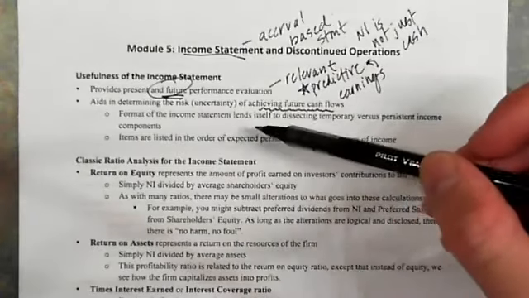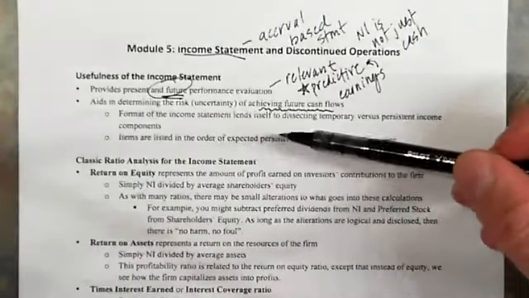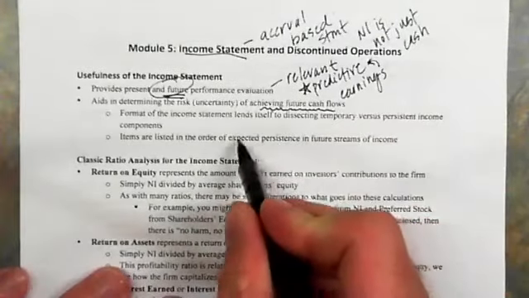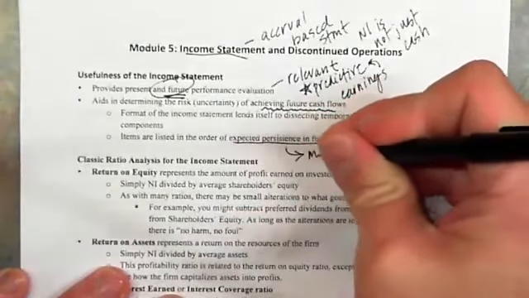But the format of the income statement helps us figure that out. Items are going to be listed in order of expected persistence in streams of future income. And so this, again, is the hallmark of a multi-step income statement.